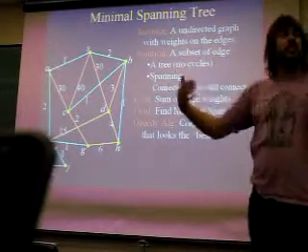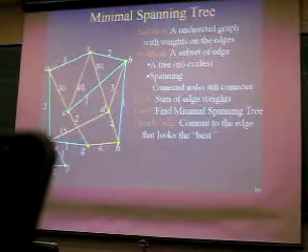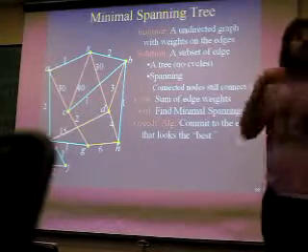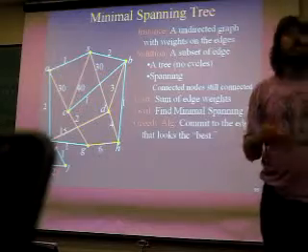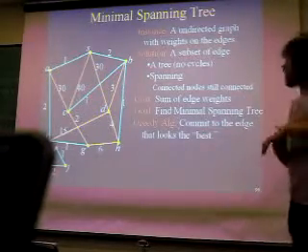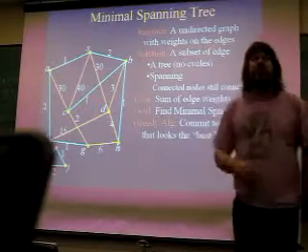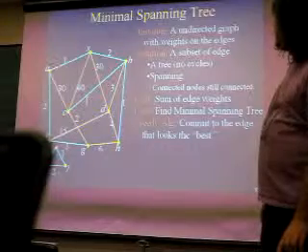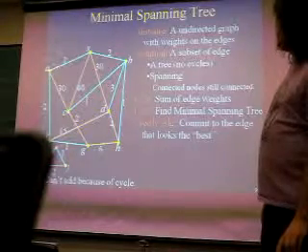You sort the edges based on their weights, and you look at them in that order, and you take the next edge, assuming that it doesn't create a conflict, which in this case is a cycle, because we want a tree. And then you have to prove that yes, this spans the graph, and it's minimal.